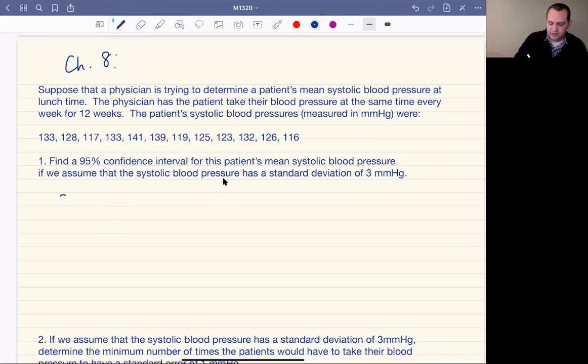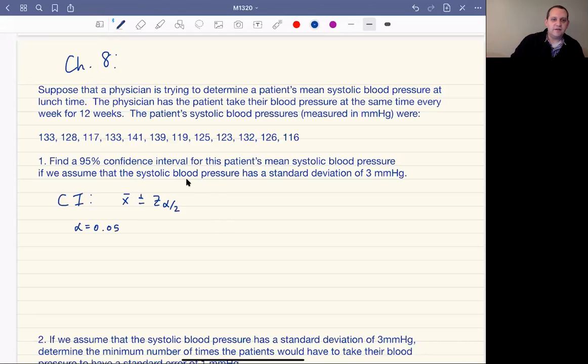The confidence interval is going to end up being the mean value of our sample, which we'll figure out, plus or minus z sub alpha over 2, where our alpha, if it's a 95% confidence interval, is 0.05 because our 1 minus alpha is 0.95.